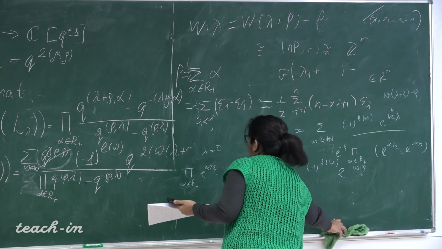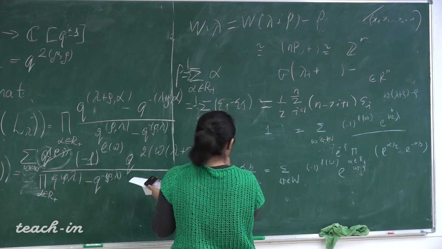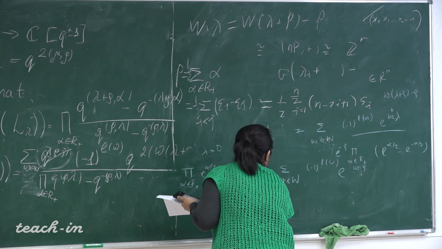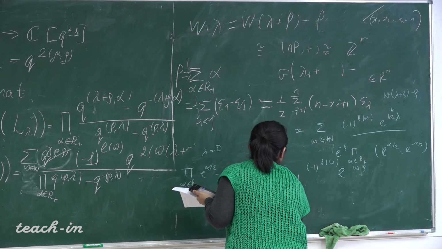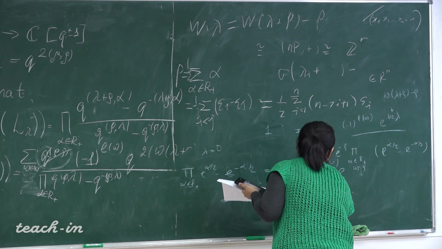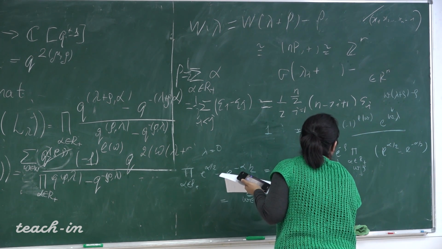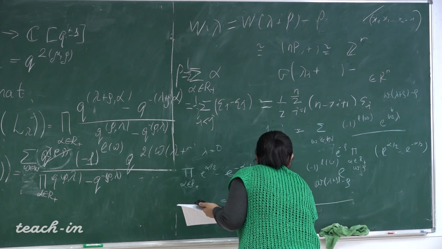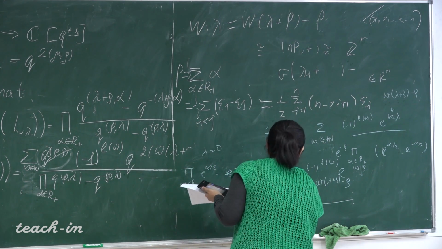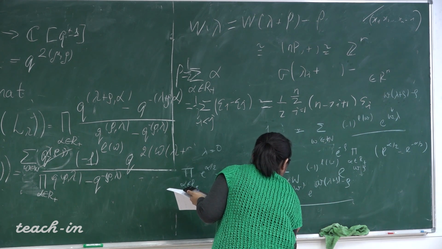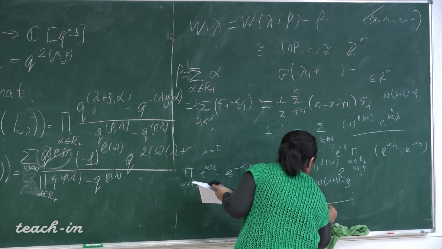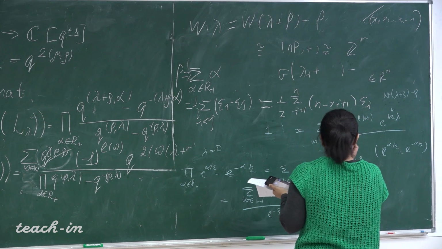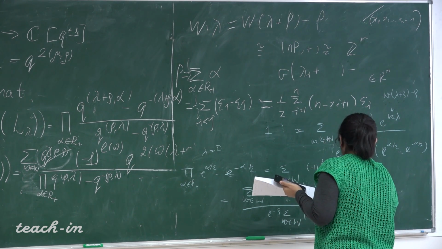So I can go back to what we had: the sum over w in W of minus 1 to the power n of w, and again it is w lambda plus rho minus rho, and here I had e to the power minus rho, and this term is equal to, again, the sum over w in W of minus 1 to the power n of w, and just one more term, I think e to the power minus rho, is it?